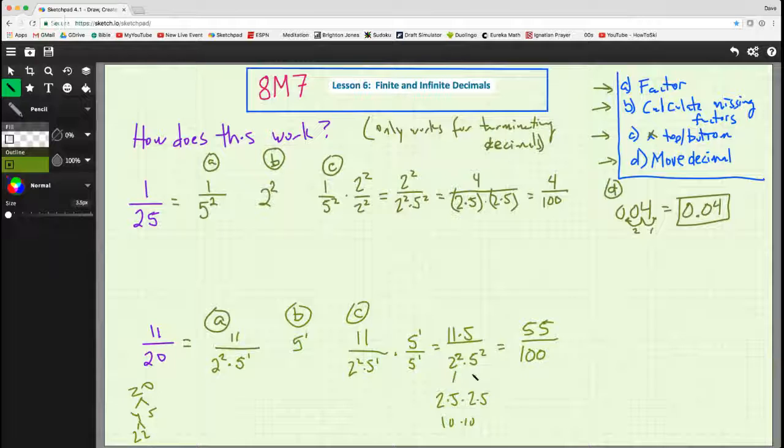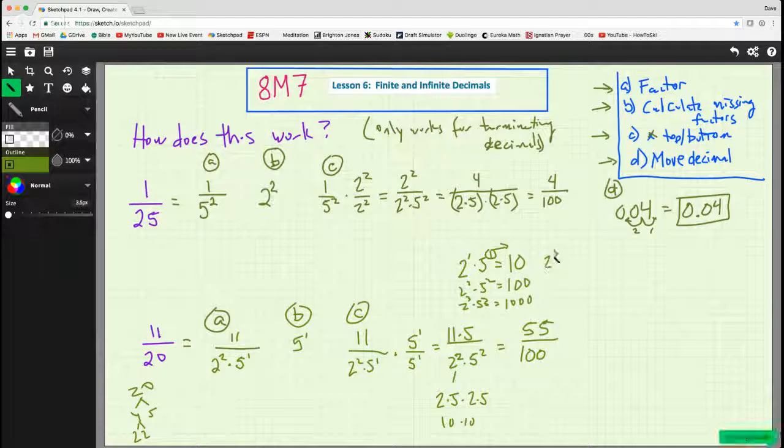But know that whenever you do this, 2 to the first times 5 to the first is 1 with 1 zero after it. 2 squared times 5 squared is equal to 1 with 2 zeros after it. 2 cubed times 5 to the third is equal to 1 with 3 zeros after it.